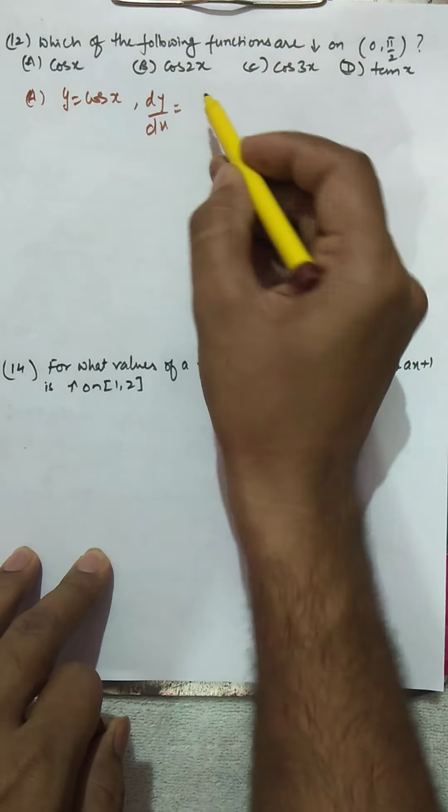This angle 2x is from 0 to pi, and you know that in the first and second quadrant sine is always positive, but this is minus 2. It means this will be negative for all x belonging to 0 to pi by 2. So it implies that f is strictly decreasing in 0 to pi by 2.